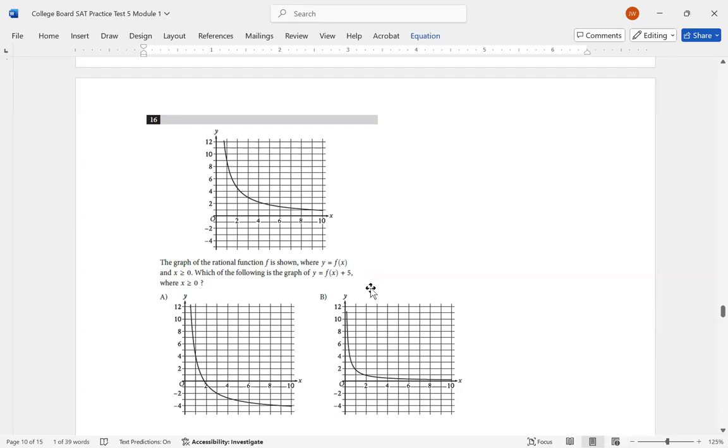By the way, this is a shift up of 5 units. So basically what we would do is we take every point on the graph and we shift that up. So this one's a little bit above 2 when x is 4. And so we'd shift that up 5 units. And if you add 5 to 2, you get a little bit above 7. So we're going to be somewhere here.